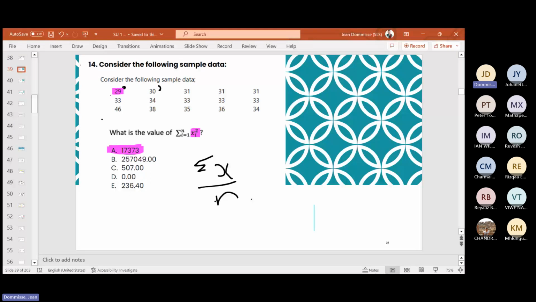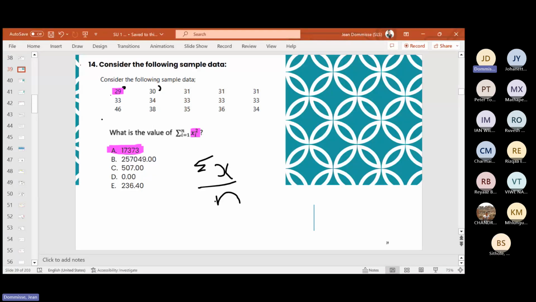So they could ask you, instead of the sum of xi to the power of 2, to work out that, because then you're actually calculating the mean. So that is more with a 1510. It will be something that makes sense, if I can put it that way, because just to work this out is a waste of time.